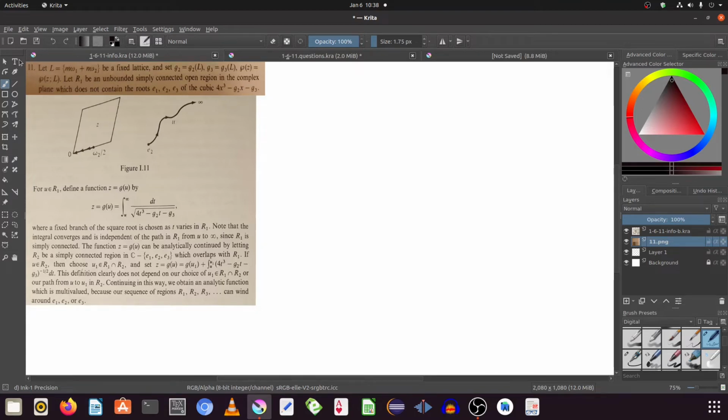Now obviously we have the derivative here, dz/du comes from this, and since u is at the bottom, it's minus.